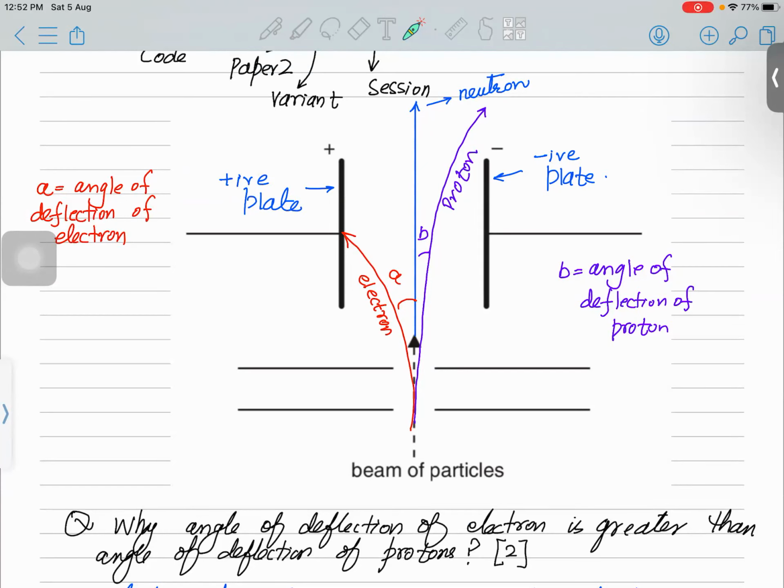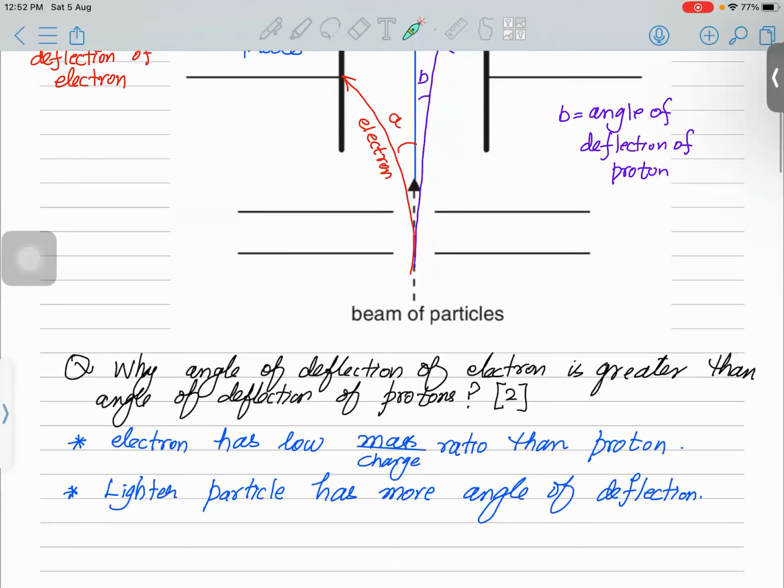Because firstly electron is lighter, and secondly... Yes, electron has a larger angle of deflection because it is lighter.